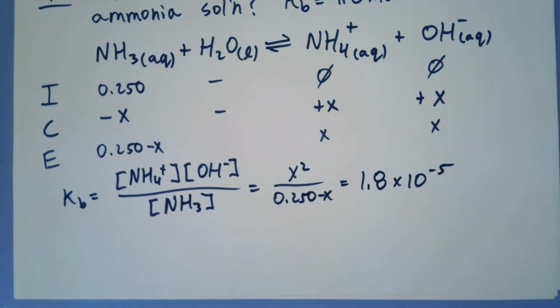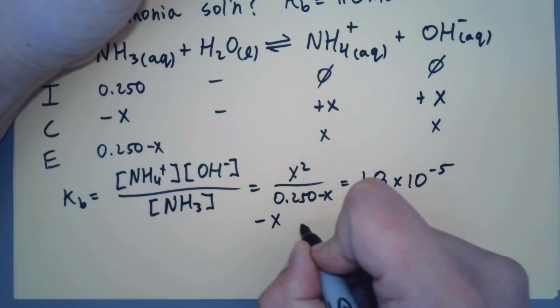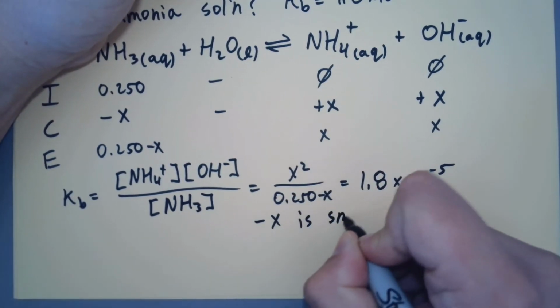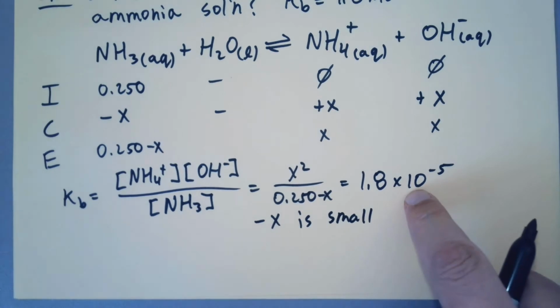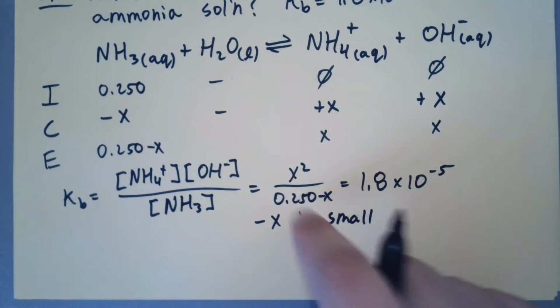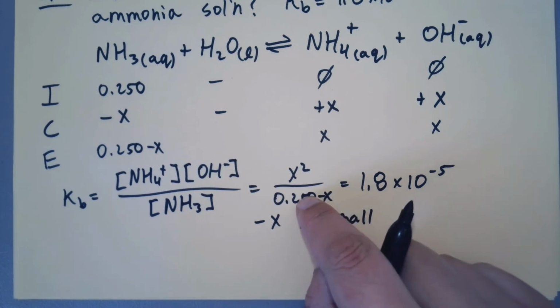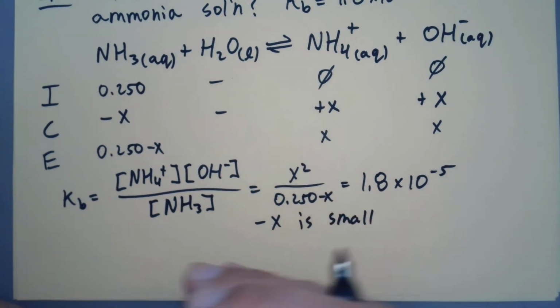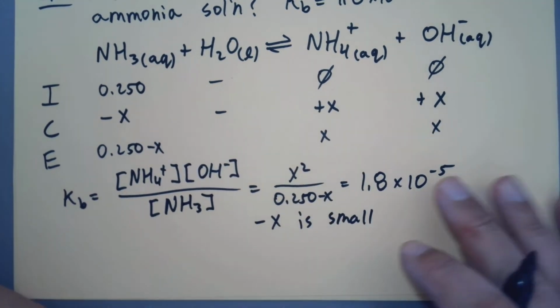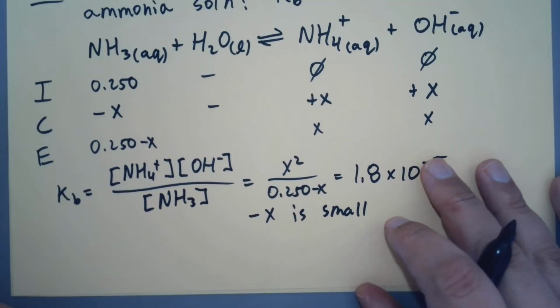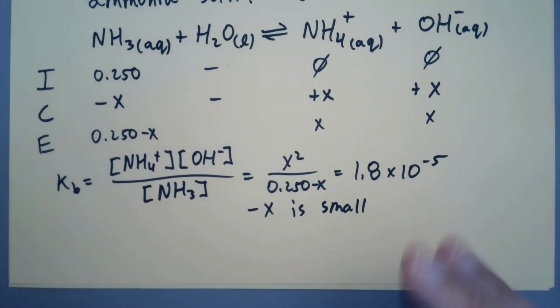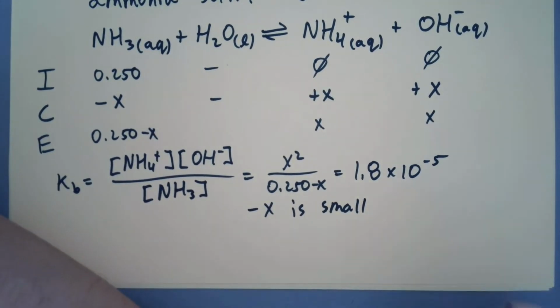And you've seen this exact numerical setup before, so you know what I'm going to do here. x is small, right? We've got a small value here. It's only going to shift to the right a teensy-weensy little bit, and I'm going to say that teensy-weensy little bit is small compared to 0.250. We'll verify. We'll make sure it's less than 1% when we get x, but I have a strong sneaking suspicion that it will be.